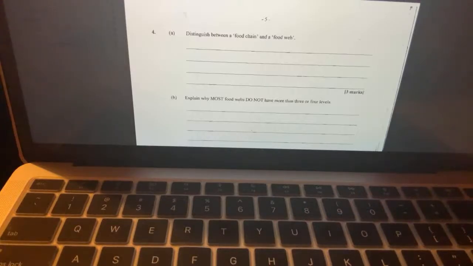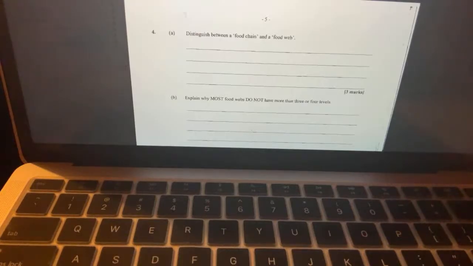Good job, Raymond. Good job, Sue Lisa. Good job, Dom. You guys are awesome with it, right? So as long as I put in the linear direction that represents the flow of energy for a food chain, and then for a food web, the different interconnections, that is a good difference.